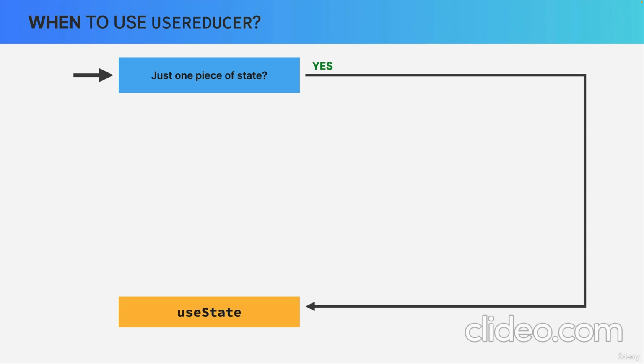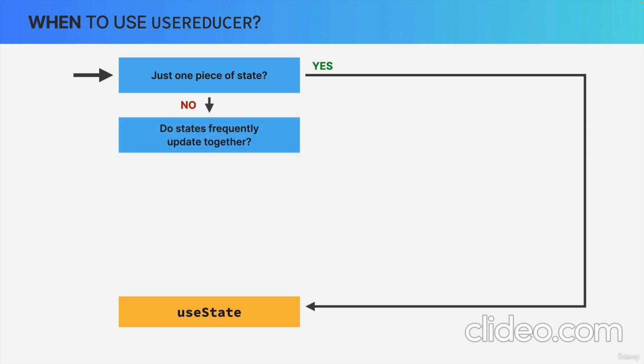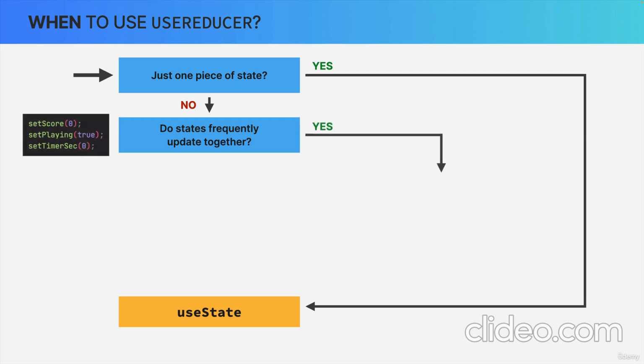Now, if we do need more than just one piece of state, the next question to ask is, do my states frequently need to be updated together? So just like in that game example from earlier. And if the answer is yes, then we might have a good use case for a useReducer. However, there's probably one more question that we need to ask first.